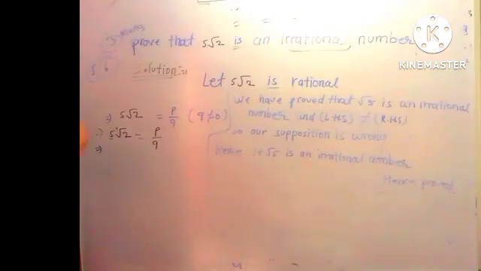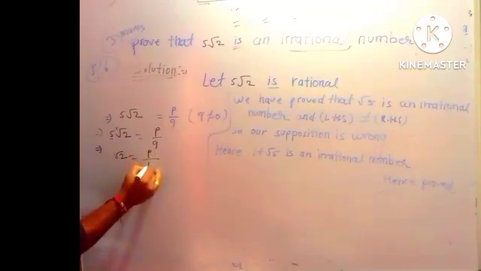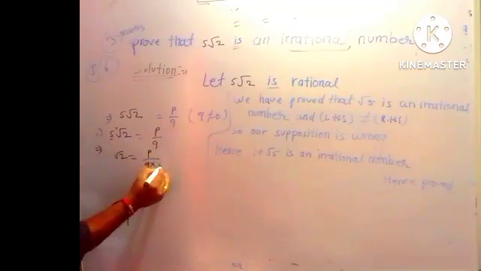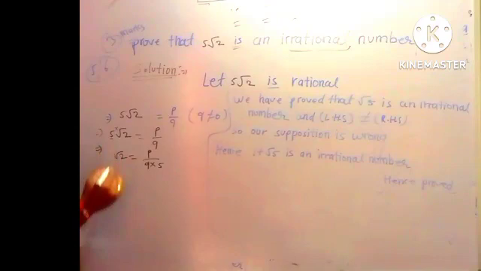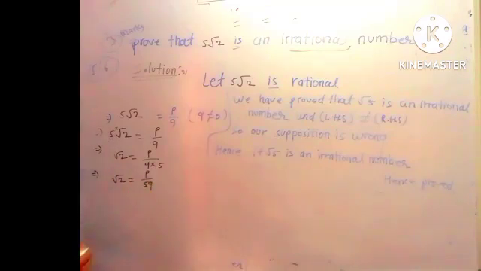So root 2 can be written as p divided by 5 into q. This step is clear. Next step, root 2 is equal to p divided by 5q. Up to here is clear.